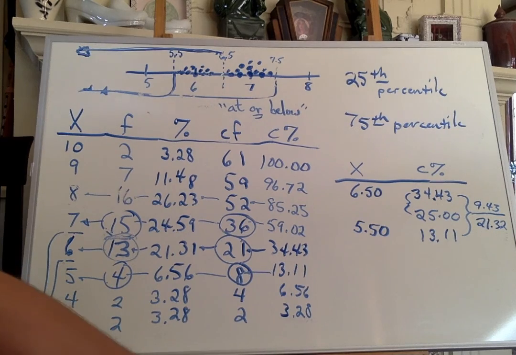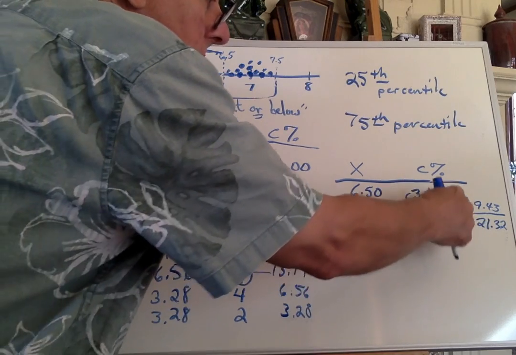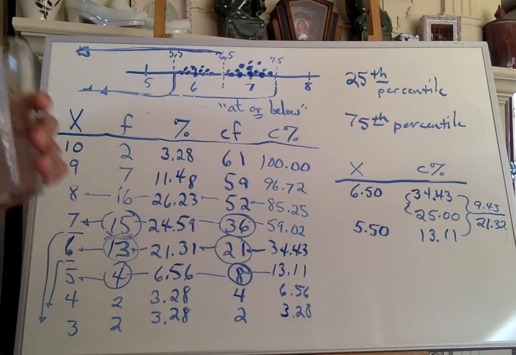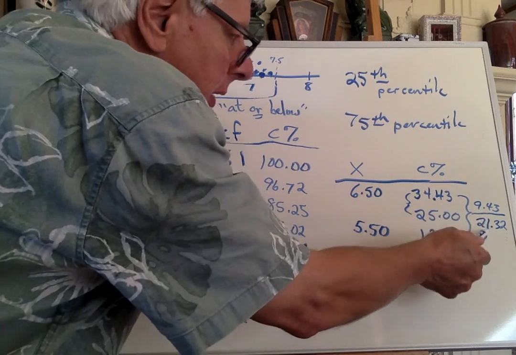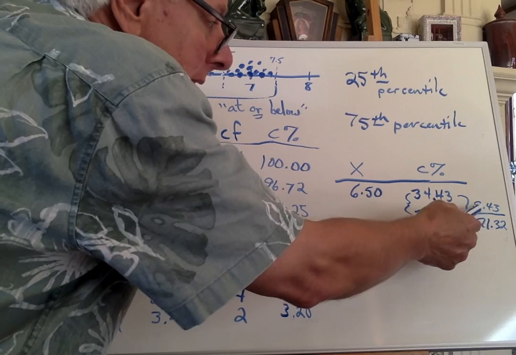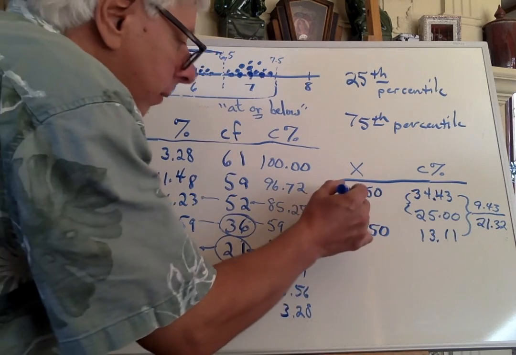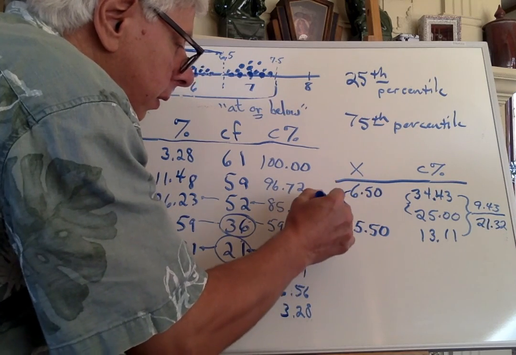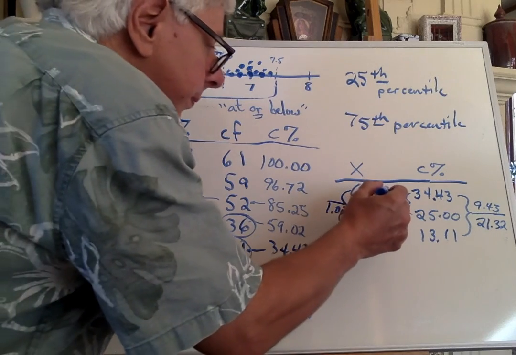over 21.32. That's a fraction. This over this distance. You got it? It's a fraction. And I know it's going to be under 50%, under 0.5, because that's less than half of that. Okay. All right. Over here, once again, we have a total distance of 1.